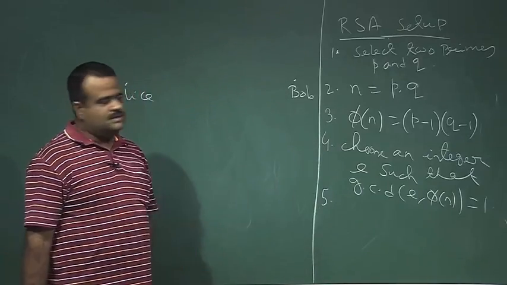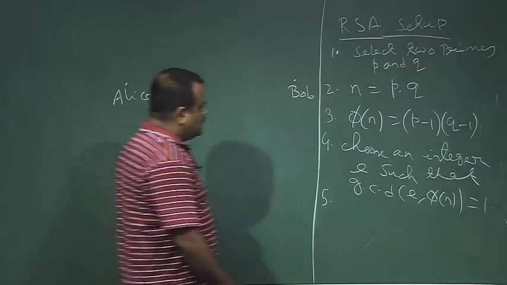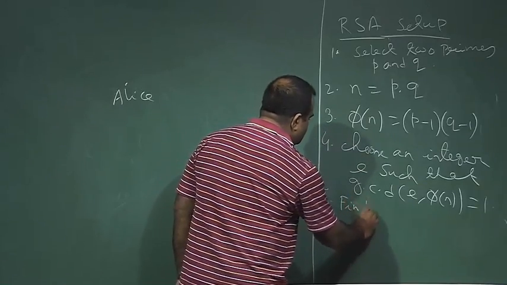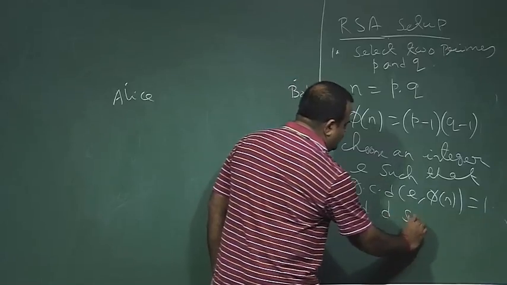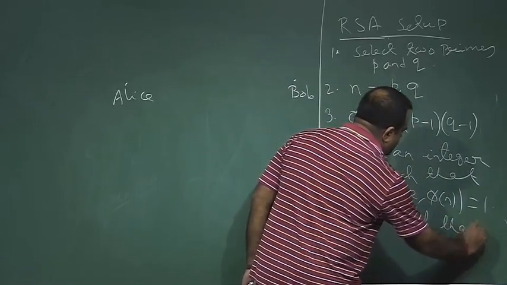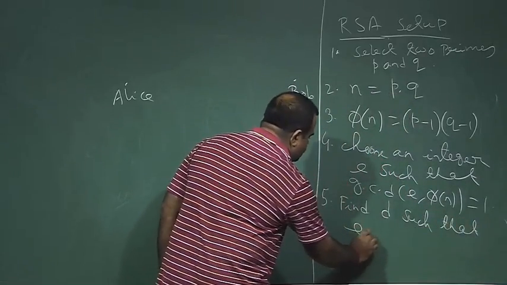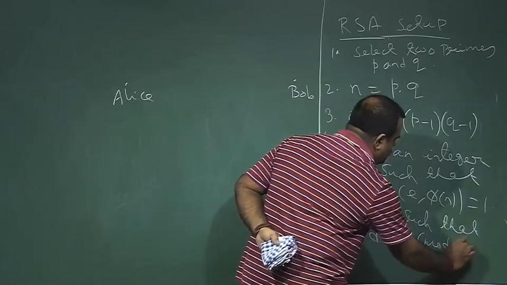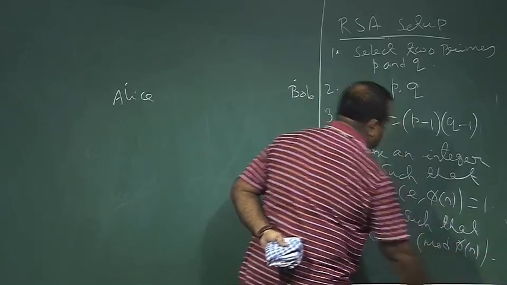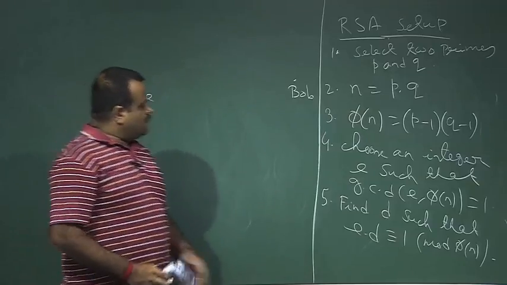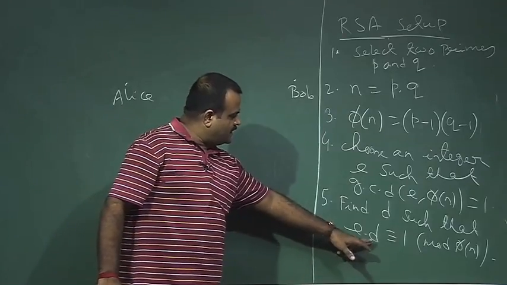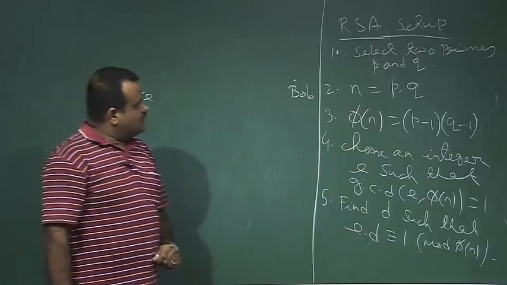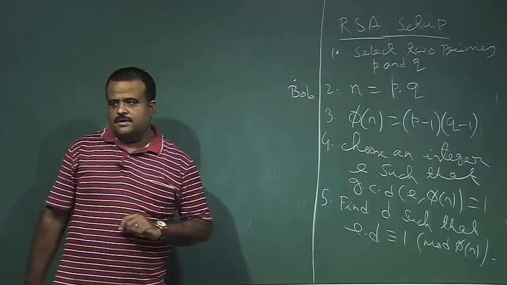If this is the case, then the inverse exists, and Bob finds D such that D is the inverse of E, such that E times D is congruent to 1 mod phi N. So, basically Bob is finding the inverse of E, which we denote by D. So, this is the setup phase.